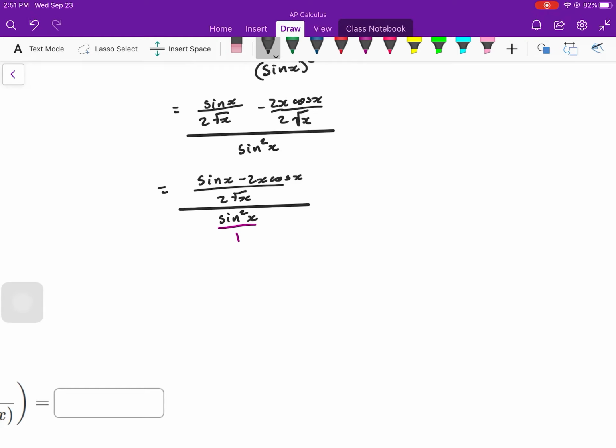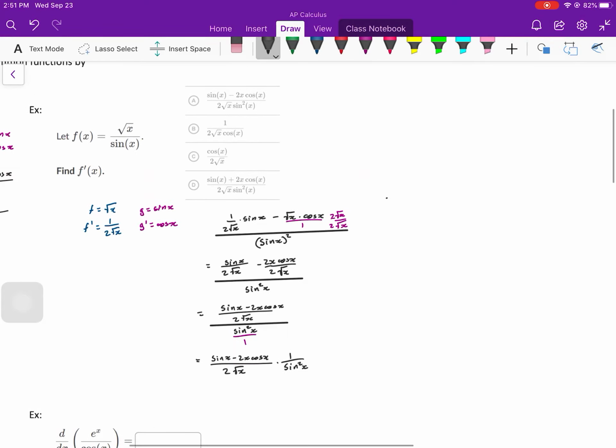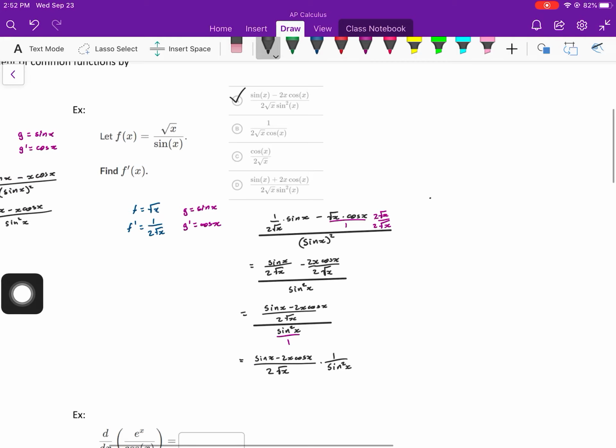So let's go ahead and flip it and multiply. And so I think you'll find the final answer now. Sine X minus 2X cosine X should be on the top. So that would be A. And then on the bottom would be 2 square root of X times sine squared. So A would be it for that one.